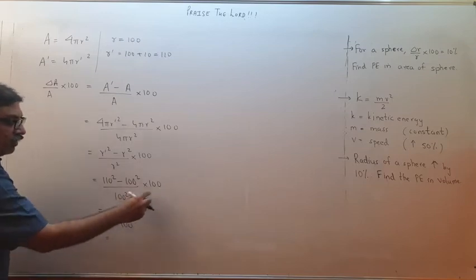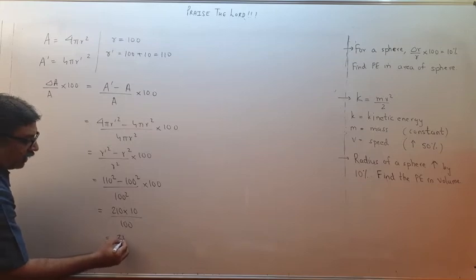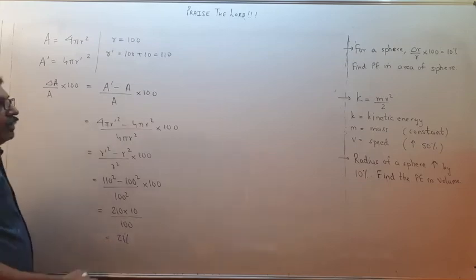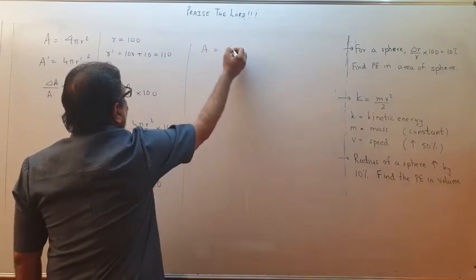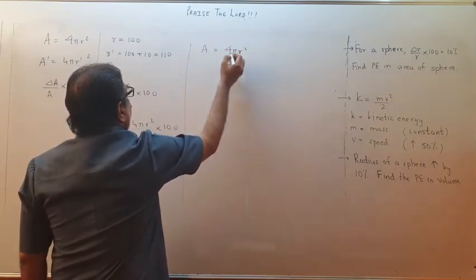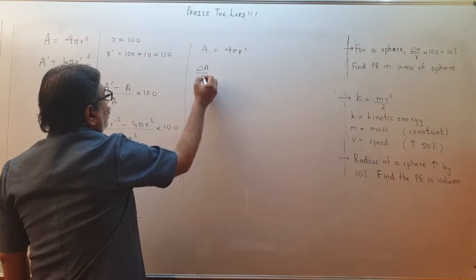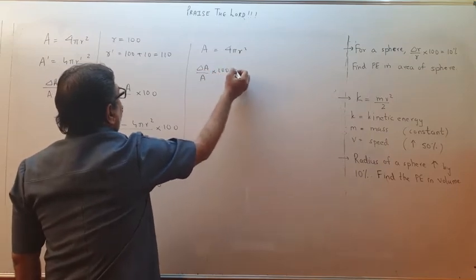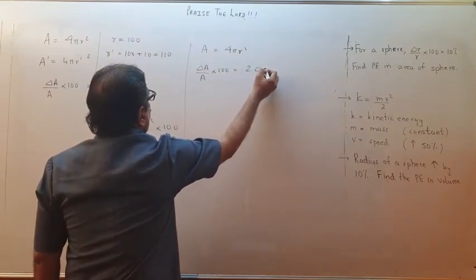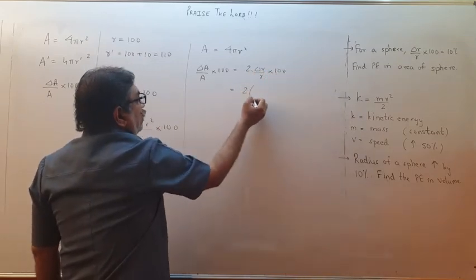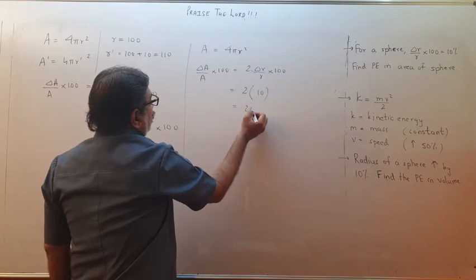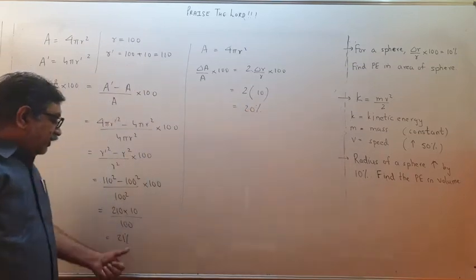So 100 was gone, 100 remaining. 0, 0 gone. How much will it come, beta? 21%. If you would have gone by the previous method, that area equal to 4 pi r square, therefore delta A upon A into 100 is equal to 2 times delta R upon R into 100, this would be 2 into 10, that would be 20%. But the actual answer is 21%.